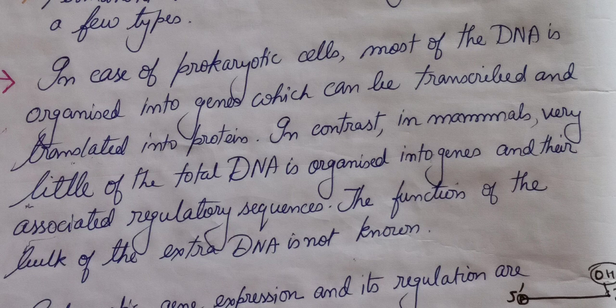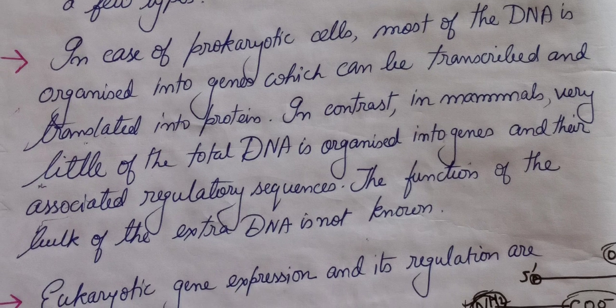There is a very small percentage of your essential DNA which is organized into genes and their associated regulatory sequences, which regulate the expression of those genes. Why is so much extra DNA present? Still, it has not been studied till now.